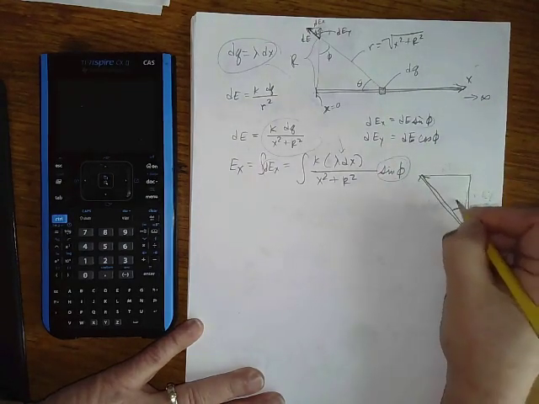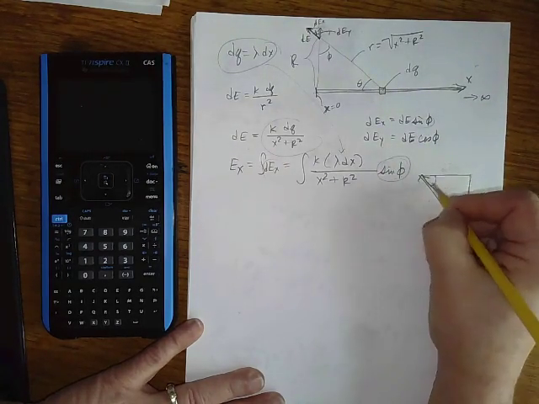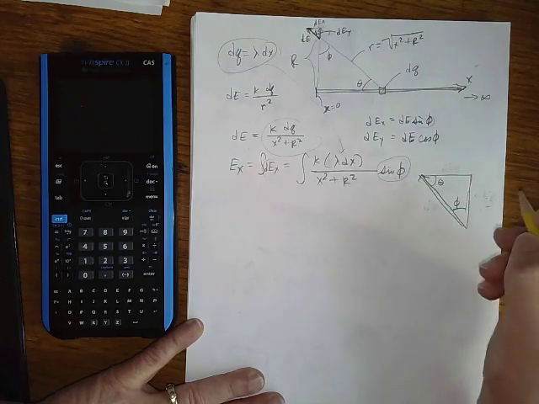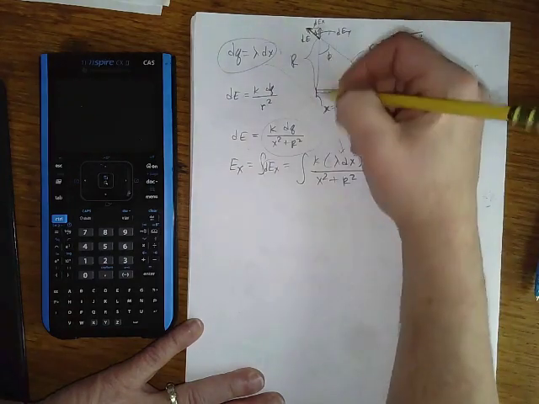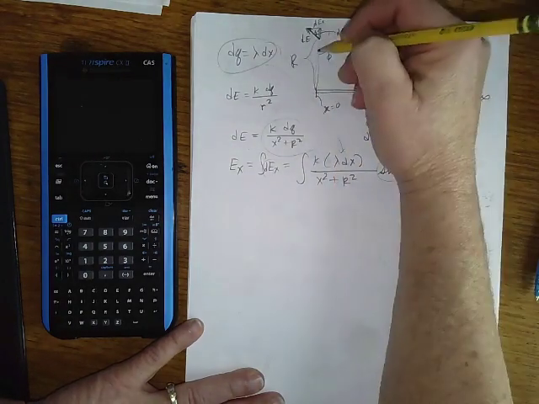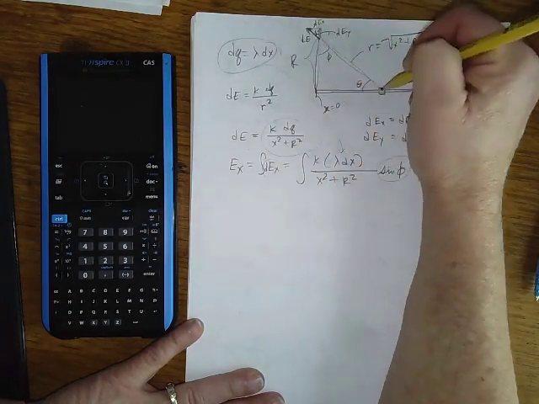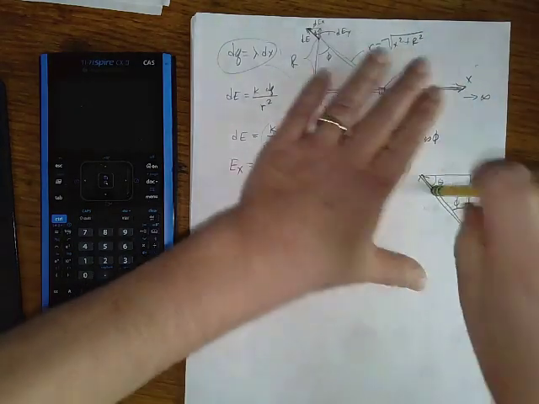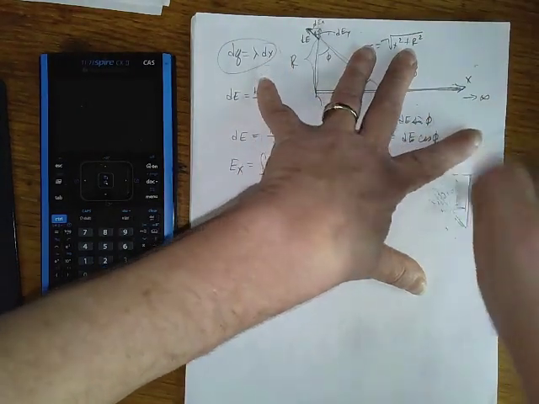So again, we've got phi, and actually this will again be theta. Let's just look at the big triangle to get our relationship between sine and cosine and the lengths.